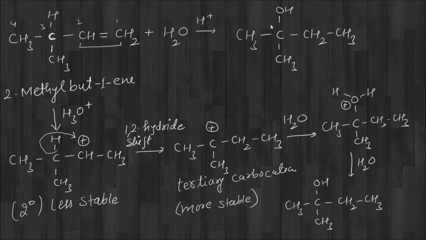What is the name of this product? 2-methyl butane 2-ol. Here there is a Markovnikov addition with rearrangement, because the carbocation formed can be rearranged to a more stable carbocation.